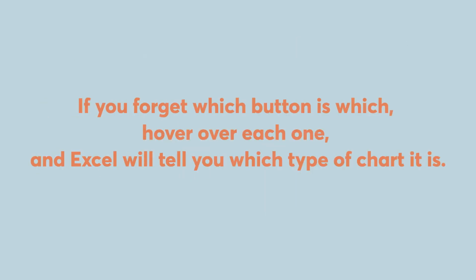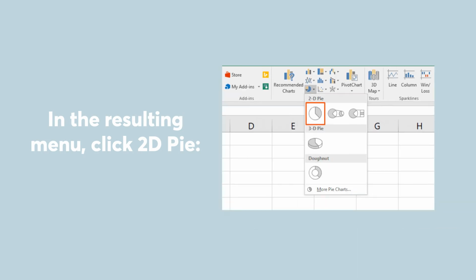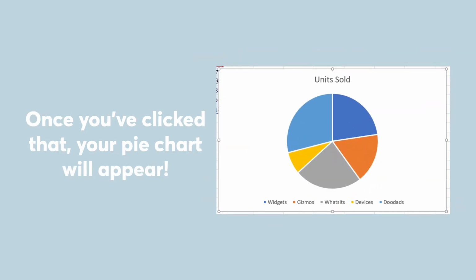If you forget which button is which, hover over each one and Excel will tell you which type of chart it is. In the resulting menu, click on the pie. Once you have clicked that, your pie chart will appear.